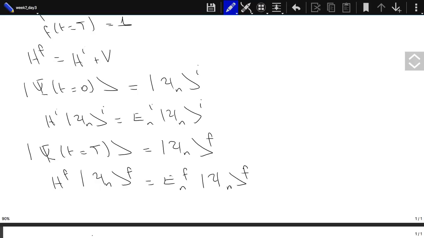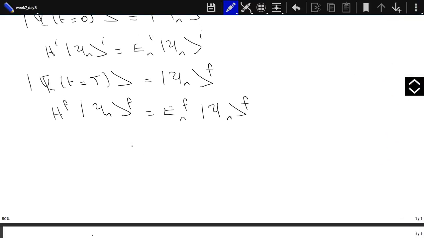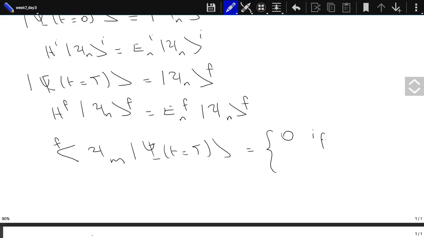So what we would like to prove is that for psi at the time t equal to T, the probability amplitude that it will be in some other state m is equal to 0 if m is not equal to n, and something else, non-zero, if m is equal to n.